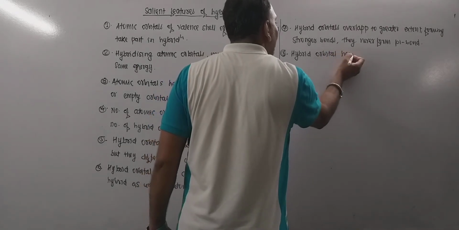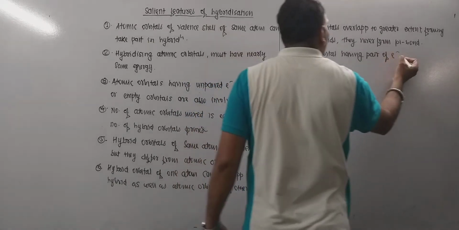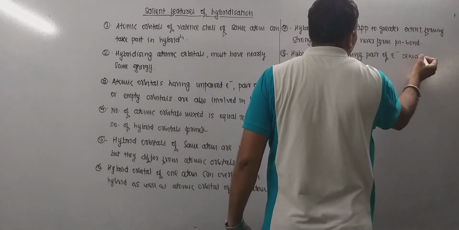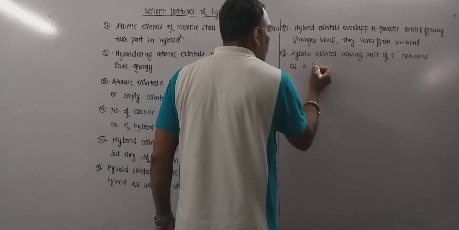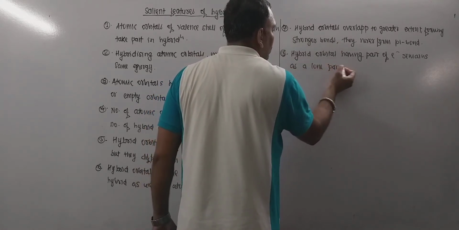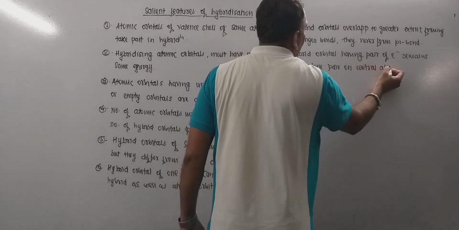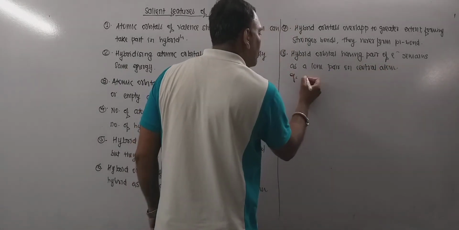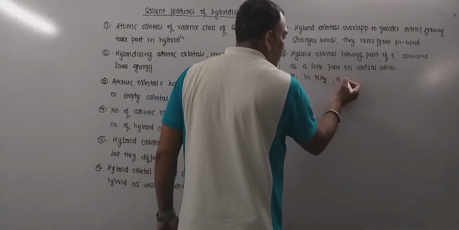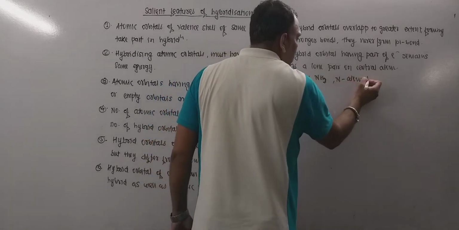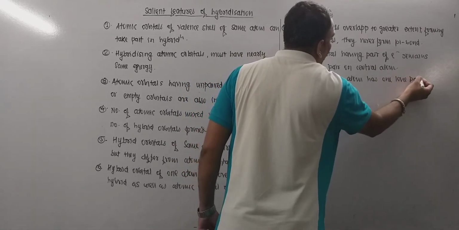For example, in ammonia, the nitrogen atom has one lone pair.